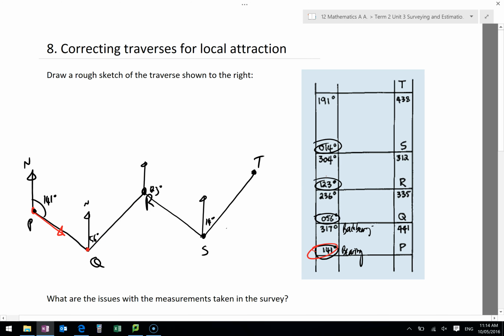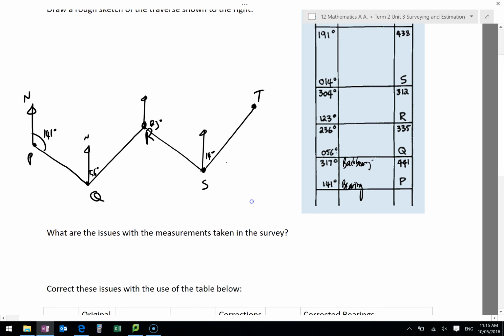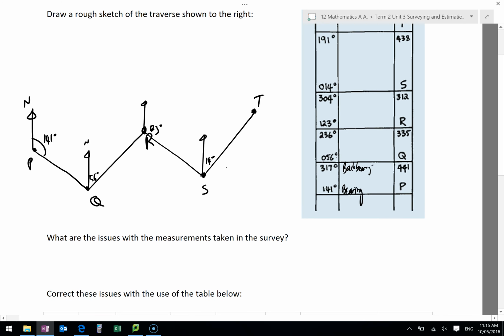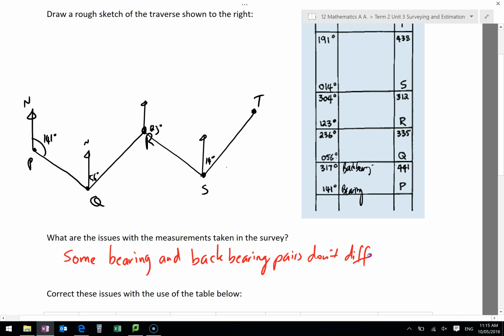So we've got a few little errors in here. Some of the bearings and back bearings don't have a difference of 180. We're going to look at why that's the case and how we can possibly fix it. Some of the issues with this survey are that some bearing and back bearing pairs don't differ by 180 degrees.